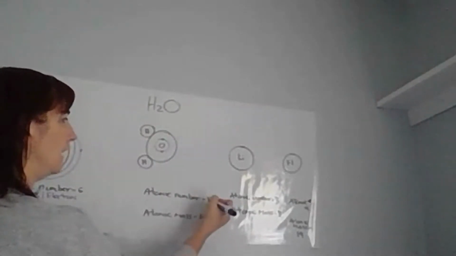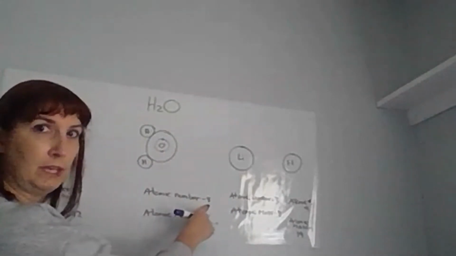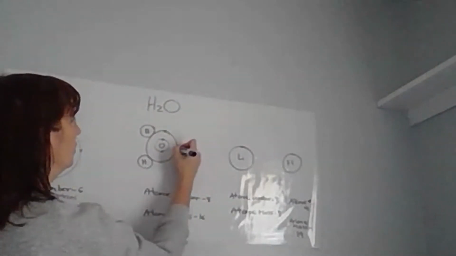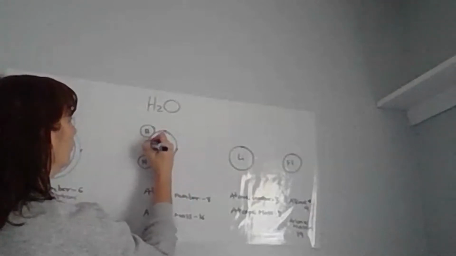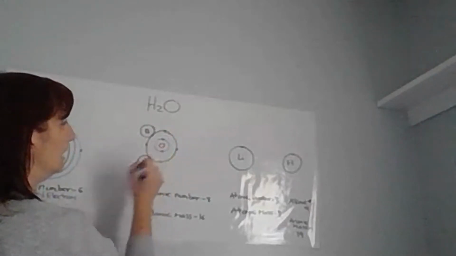Then my second energy shell can hold a total of 8, but I've already used 2, so I would need 6 more. So here I go: 1, 2, 3, 4, 5, and 6. And there's a reason why I'm putting an electron here and here.